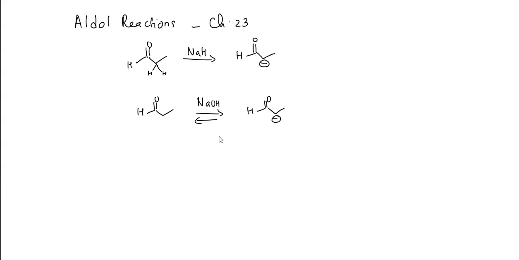So for formation of an aldol, we need two molecules of this. Okay, so we will take this, form the enolate, and then that enolate is going to react with one more molecule of this to give you an aldol product.